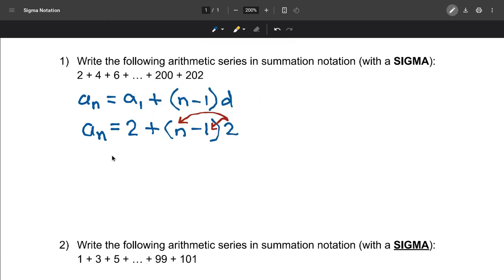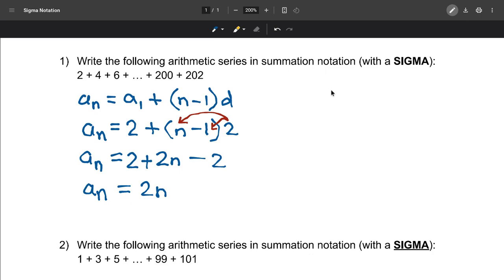All right, so what we're going to do is we're going to get 2 plus 2 times n, which is 2n, minus 2. Okay, notice 2 minus 2, what is that? Well, that's 0. So a sub n here is equal to just 2n, right? Because, again, 2 minus 2 is 0.